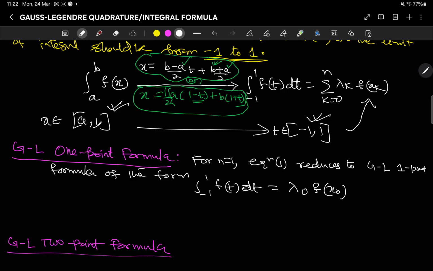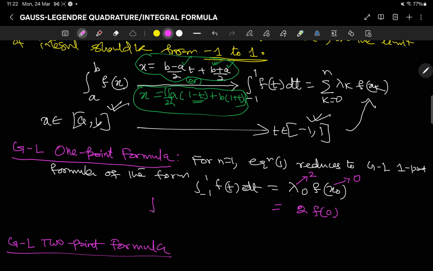So we need to find what is the value of lambda 0. This value of lambda 0 will be 2 and the value of x0 will be 0. So this formula will be twice f of 0 only.